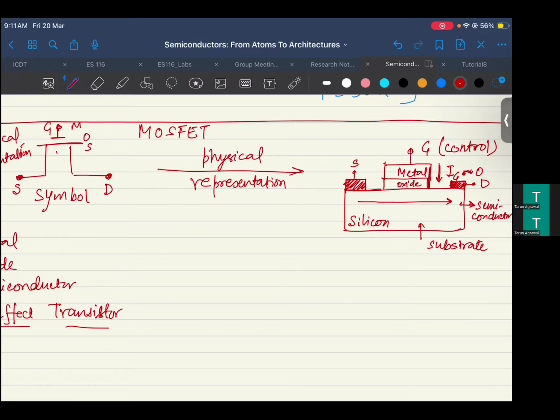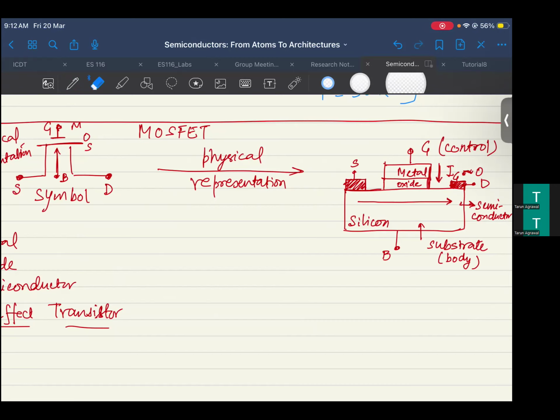We also discussed there is another terminal, which we know as the body, because the body or substrate is this one, right? So that is how we built the basic tenets of the transistor.